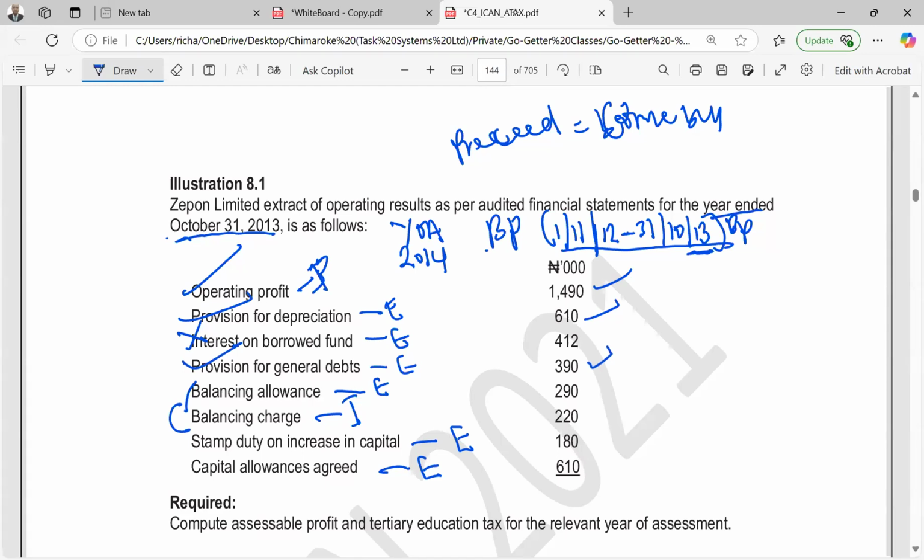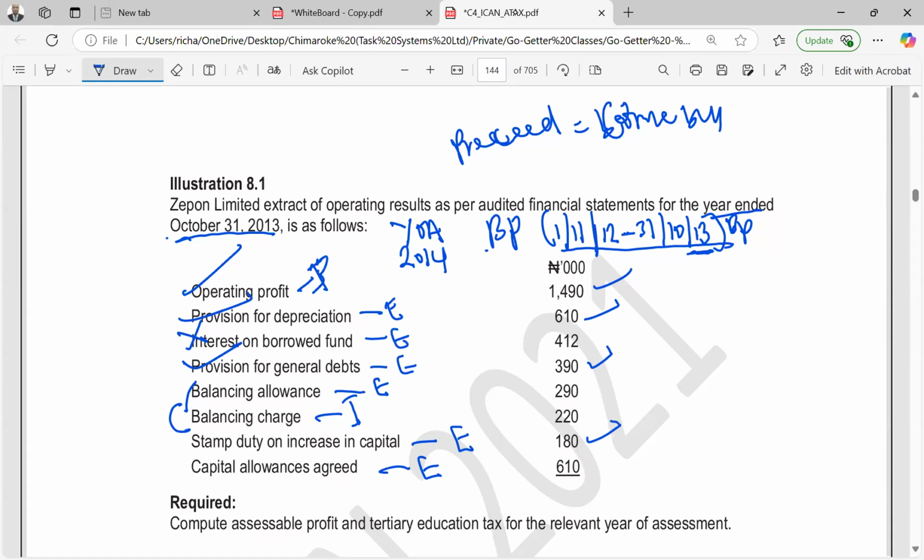We'll go to stamp duty on increase in capital. Now, this stamp duty is a capital expense and we are supposed to add it back if we have deducted it.